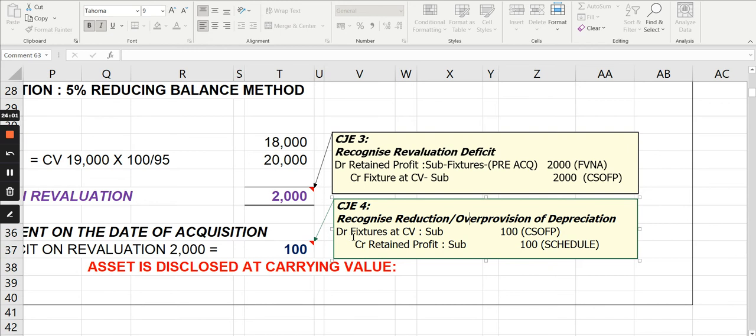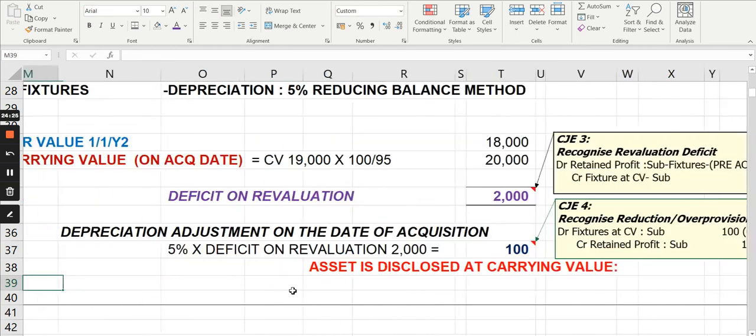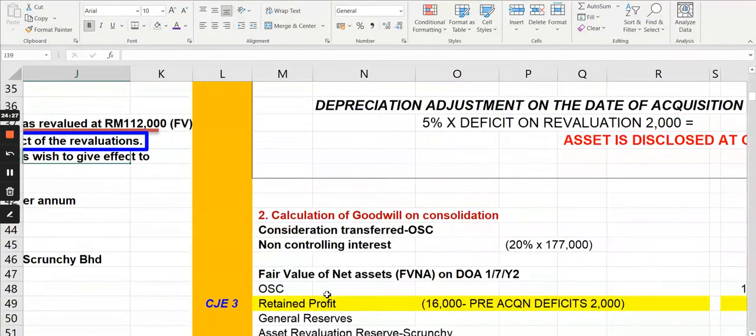Reduce your depreciation by crediting the retained profit of the subsidiary with 100, debiting the fixtures at the carrying value since there are no accumulated depreciation account by 100. That will be later reflected in the SOFP, and the one that you adjust to the retained profit will be reflected in the SOPL or the retained profit schedule.